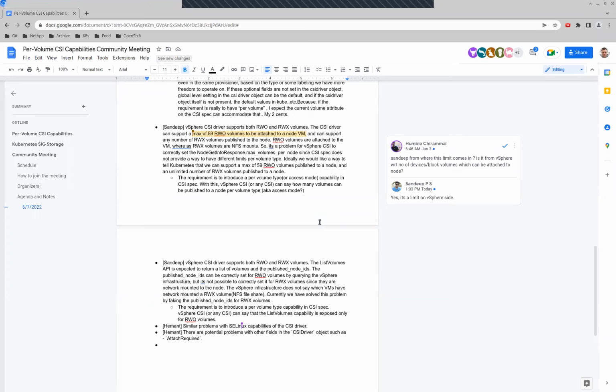Although there are ways to work around that by just making your driver store more state, which is what we do. You can just store the state inside your driver so that you know which nodes a particular volume is published to, and thereby implement the feature with the current spec.